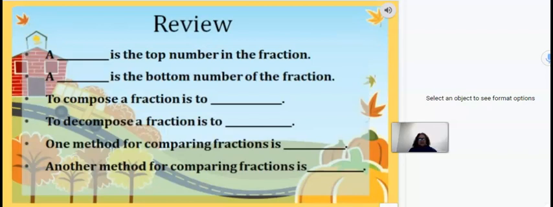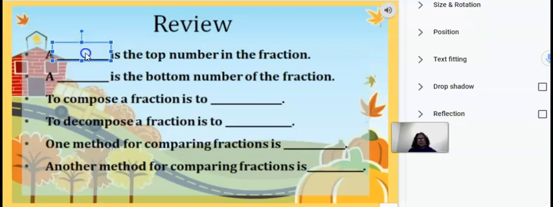All right, so let's go ahead and review. What is the top number in the fraction? What's it called? The numerator. Good job. And what's the bottom number of the fraction? Good job, the denominator.